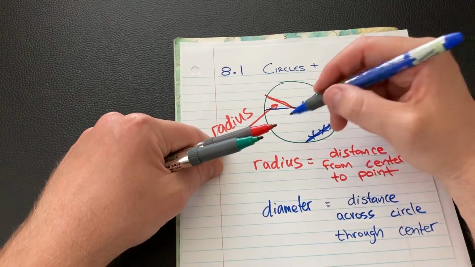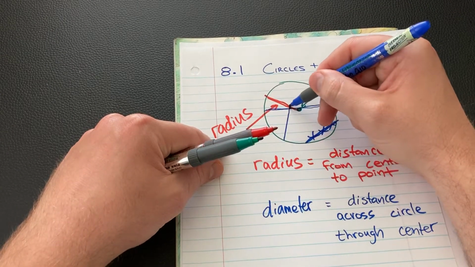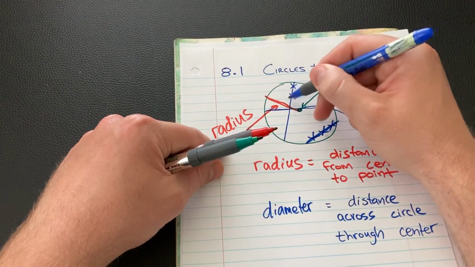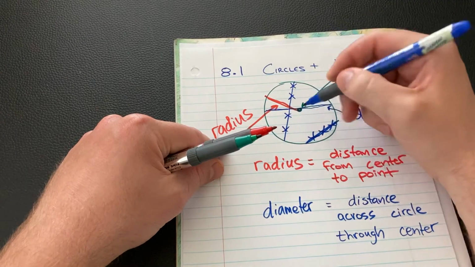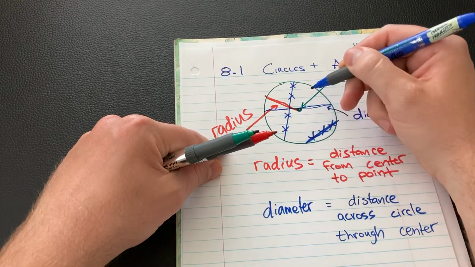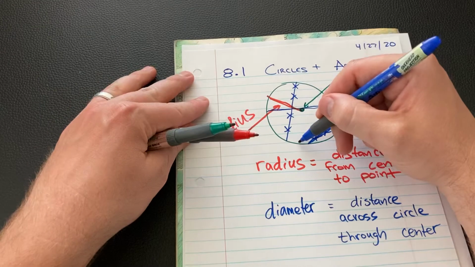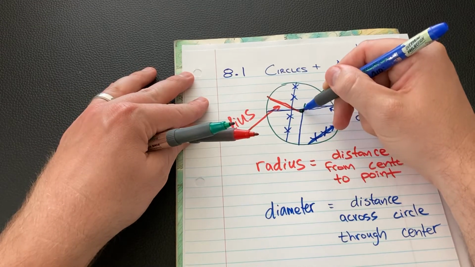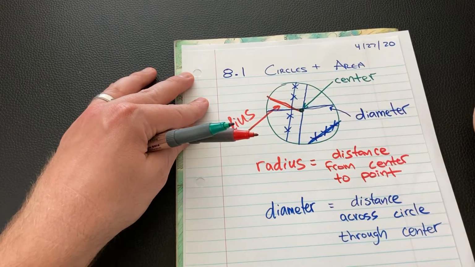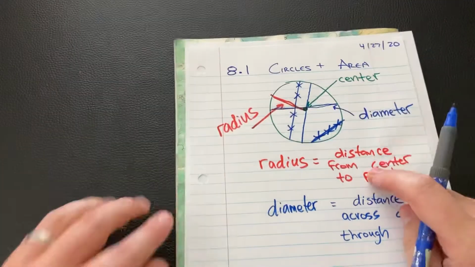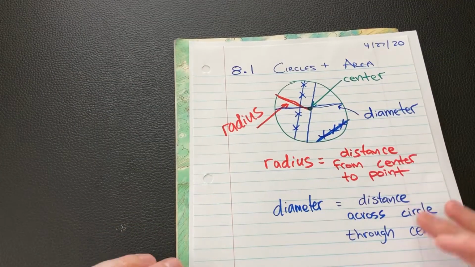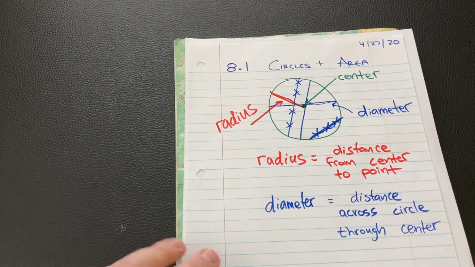Let me show you another bad example. It didn't go through the point. It has to go through the point. Let me give you a good example. Ding, ding, ding. There we go. So radius is halfway, diameter is all the way.